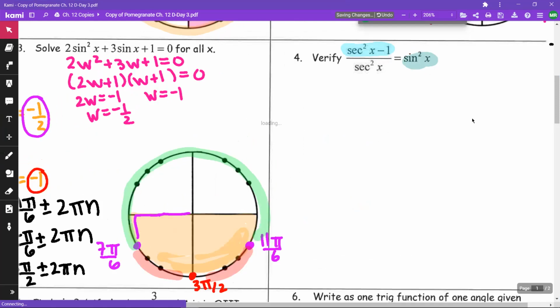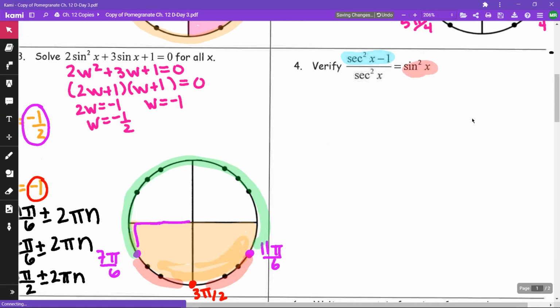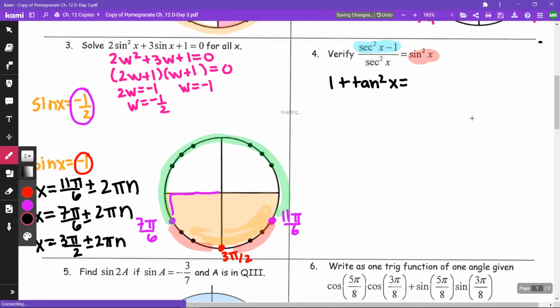That's the one I'm going to be thinking of. So again, I'm just going to jot this down. 1 plus tangent squared x is equal to secant squared x.